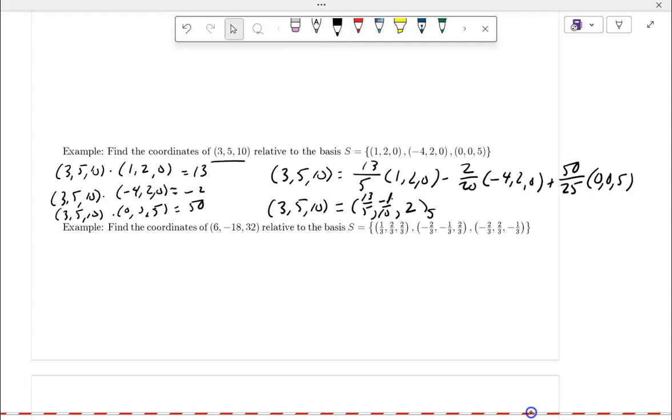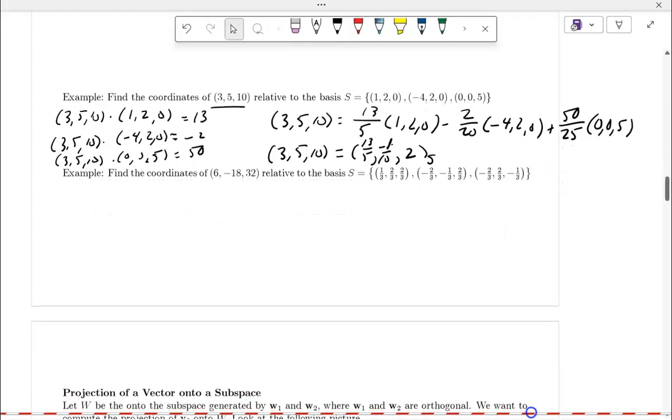Again, the second one's a little bit easier because why? We already saw that this basis was orthonormal. When it's orthonormal, we just need to compute the dot products, and those are our coordinates. Okay, so we would compute 6, negative 18, 32, inner product with 1/3, 2/3, 2/3. But we're a little bit smarter.